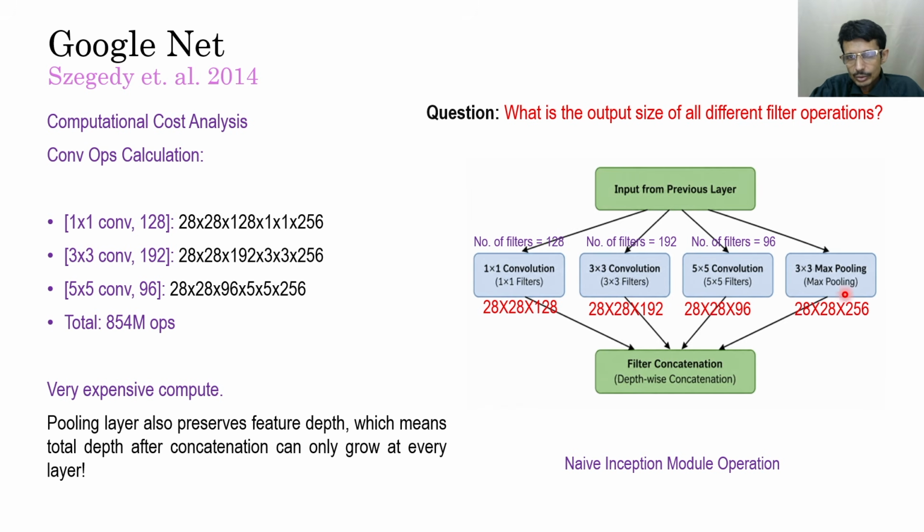And the 3 by 3 max pooling gives 28 by 28 by 256. If we concatenate these, it will be a very high number.